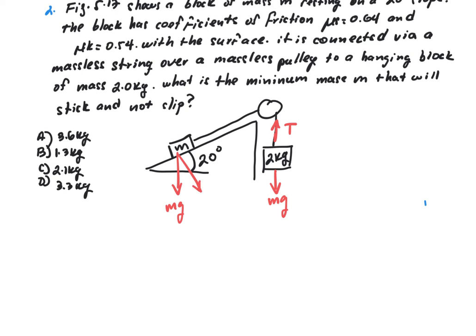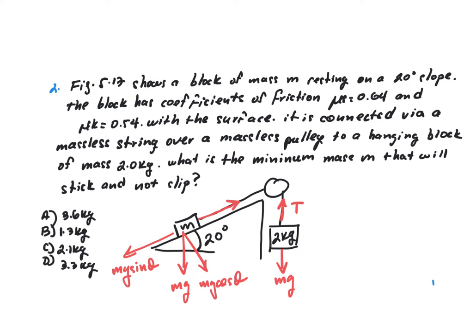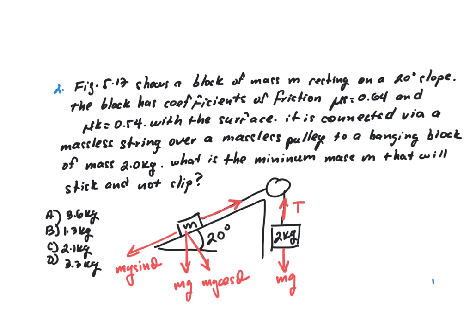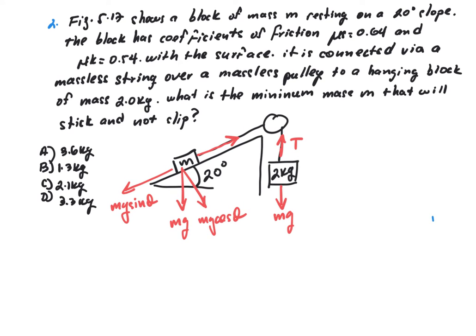We also have mg cosine theta. We also have this tension. We also have pulling it back mg sine of theta. And we have a massless string over a massless pulley. And we also have our kinetic friction, which is pulling it back.